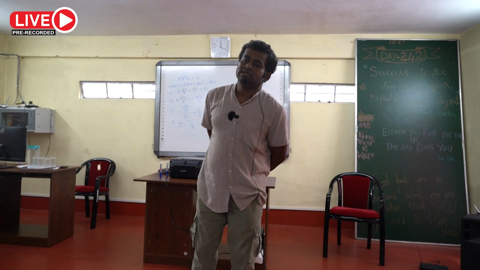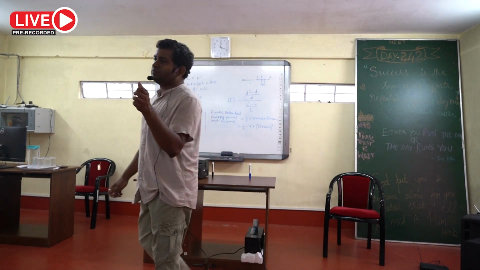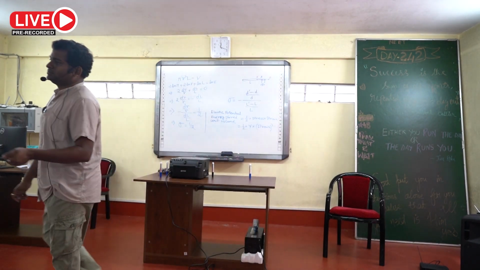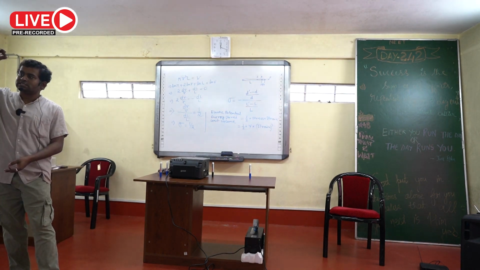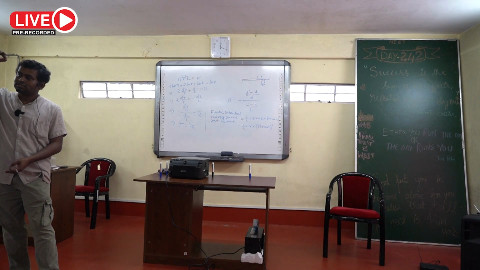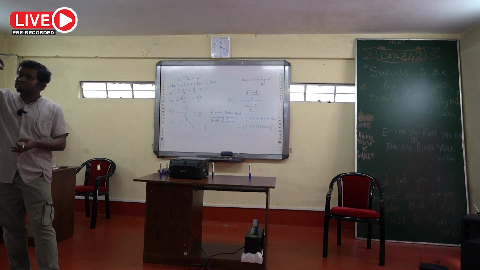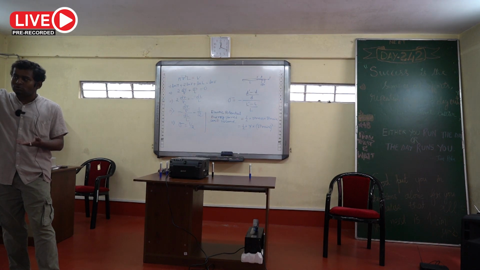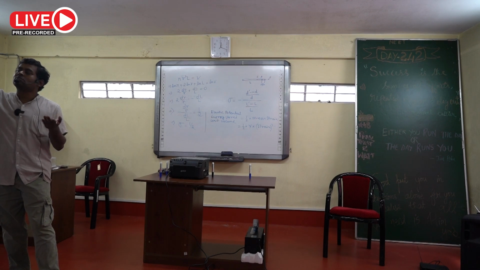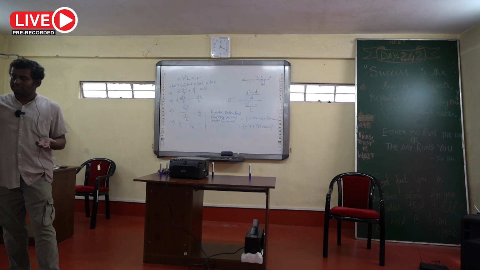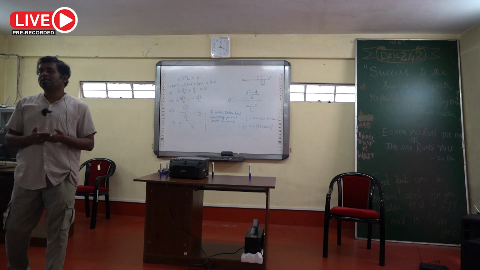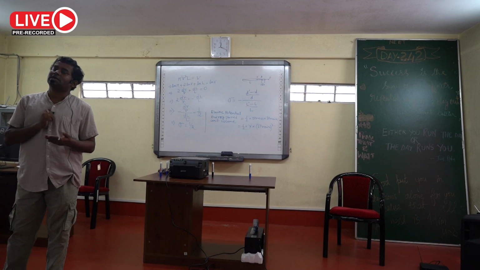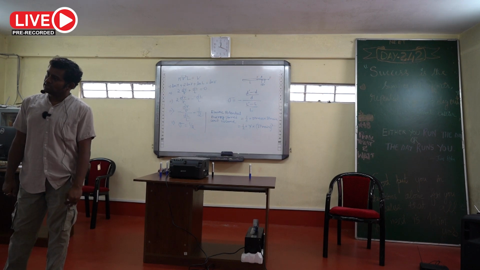That's why a snapped string feels hotter. Initially the elastic potential energy is stored inside. Now it snaps, means this potential energy will not be stored inside, it will convert to another form of energy. So a part of it will be converted to heat energy, and that's why the temperature rises. Clear?